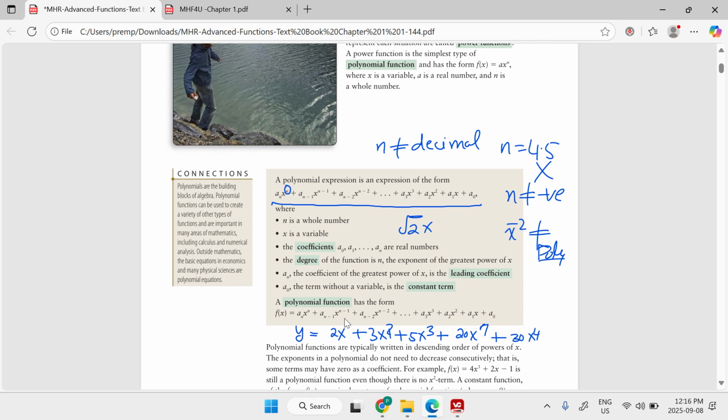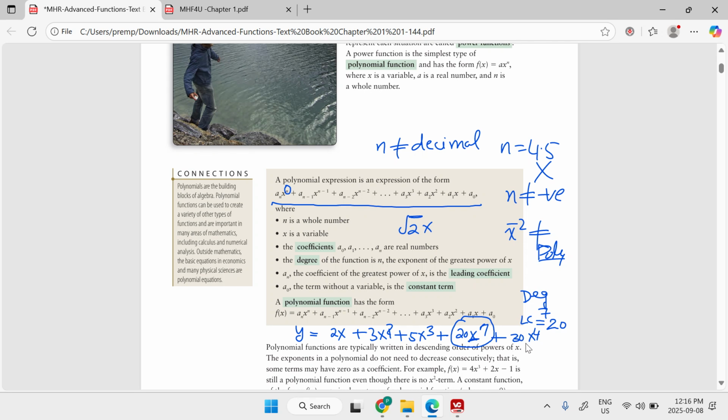Irrespective of how your terms are appearing, you need to look into the term which has the highest power of x. You can see here this is the term, so its degree is 7. The leading coefficient is the coefficient of the highest degree term, so here the leading coefficient is 20.